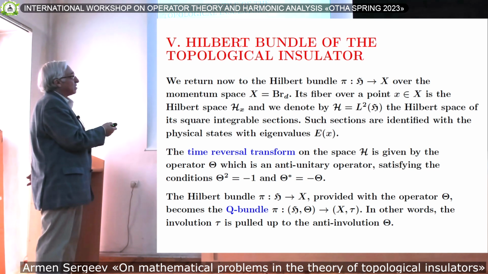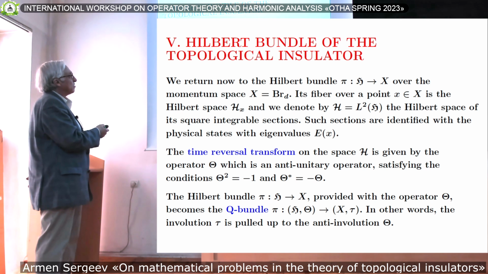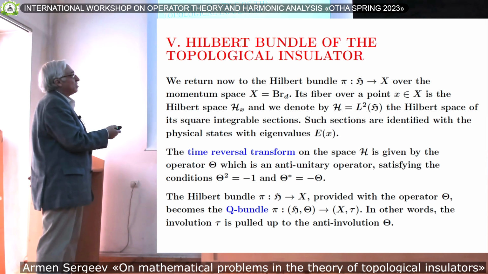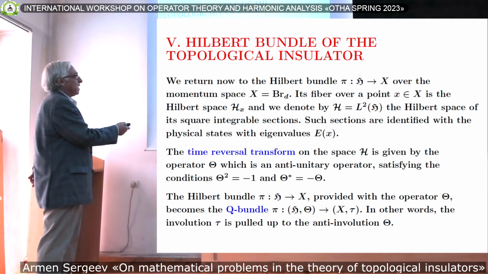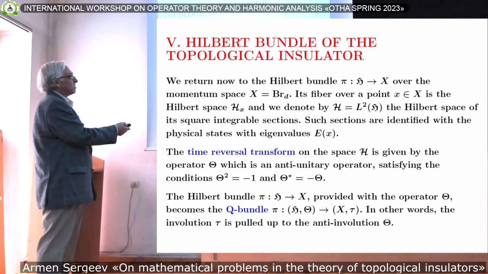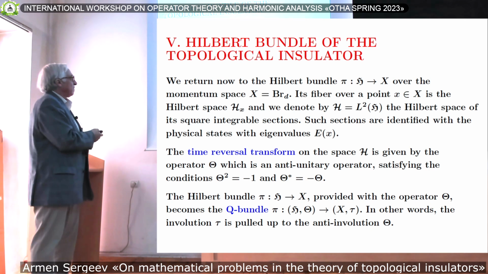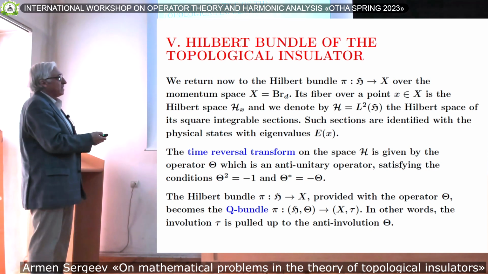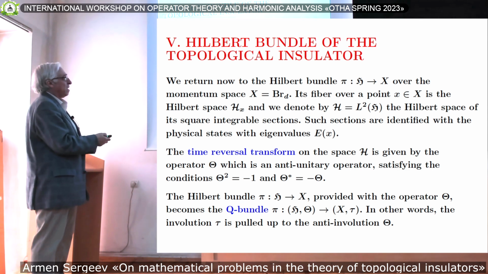The time reversal transform on the space H of sections of this bundle is given by the operator theta, which is an anti-unitary operator satisfying the condition theta squared is minus 1, and theta star is minus theta, so it's anti-symmetric. The Hilbert bundle provided with the operator theta becomes the Q bundle (H, theta) over (X, tau).